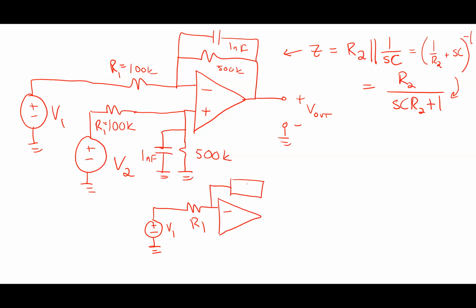I'd call this Z, because I can replace those with a parallel combination like that. This becomes Z. And then I've got R1 here and V2 here, like that, and that all leads to V out.